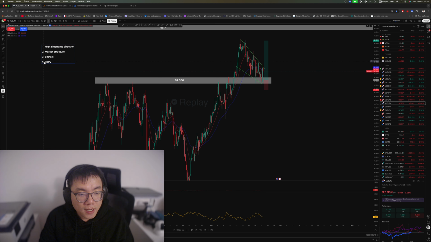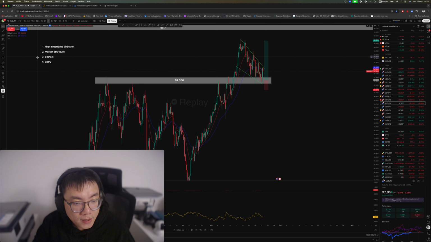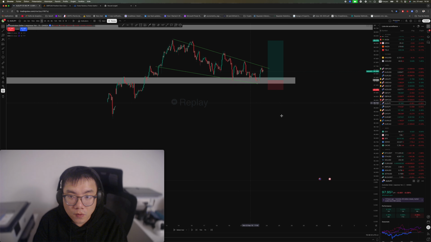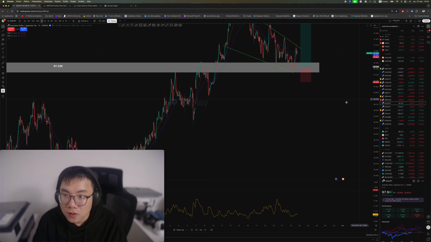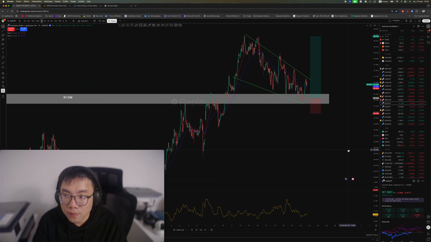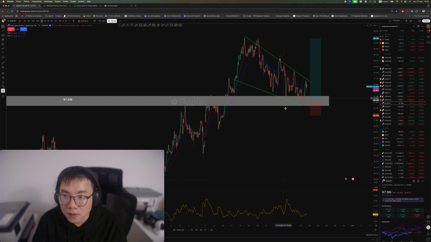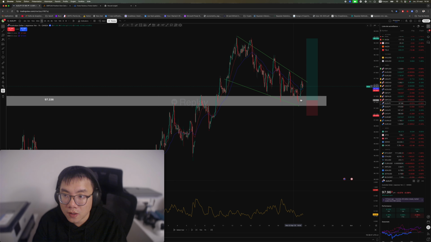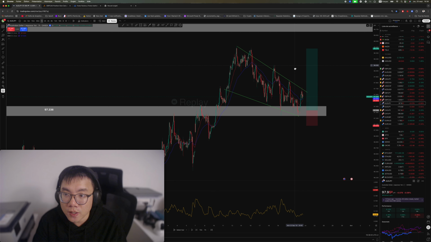So the last one is entry. Now I know that I can go long, but when to enter, right? So I will move to the 1 hour time frame. Actually, I have some different strategies to enter this trade.